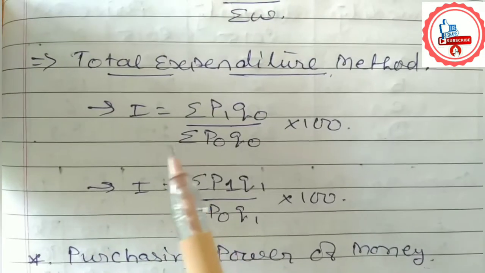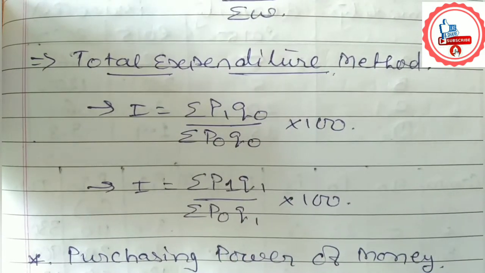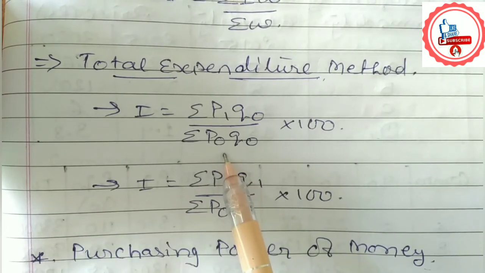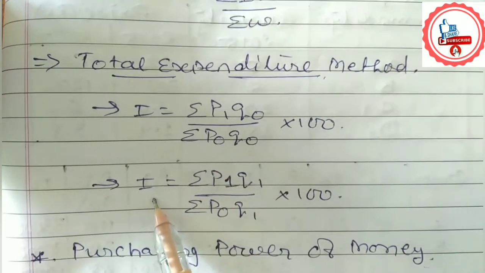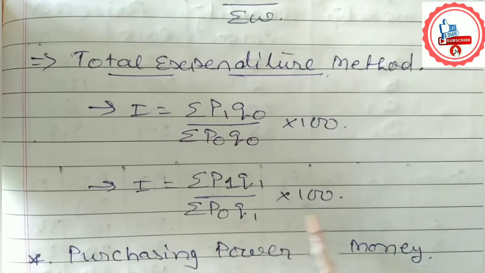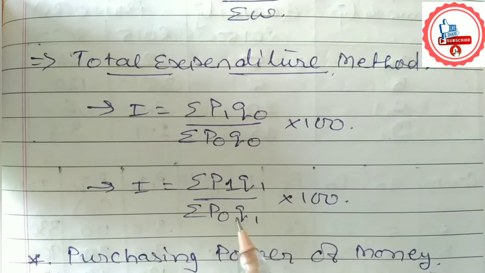That is I equal to sigma P1 Q0 upon sigma P0 Q0 into 100, the same formula which we have seen in the index number of Laspeyres. The second formula is sigma P1 Q1 upon sigma P0 Q1 into 100. This formula was used for Paasche's index number.